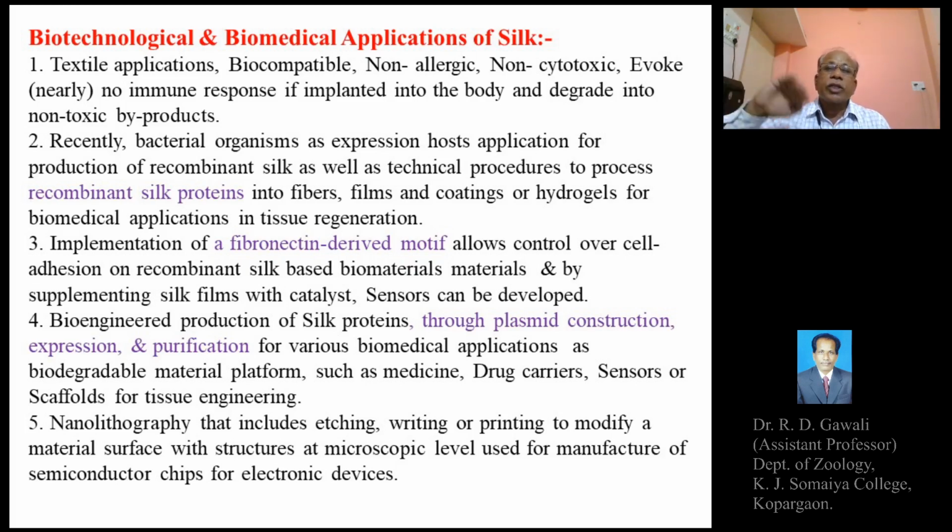So construction, expression and the purification, these are the steps involved in the genetic engineering for the production of silk proteins, that is bioengineered production of the recombinant silk proteins, and that is useful in biomedical applications such as obtaining a biodegradable material platform such as medicine.